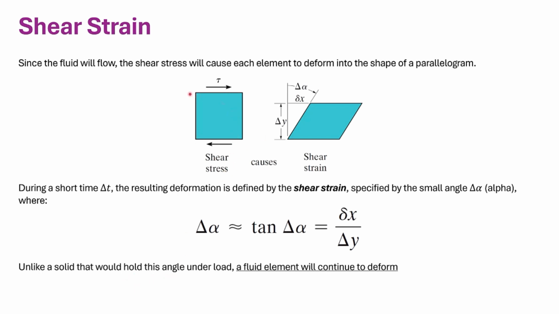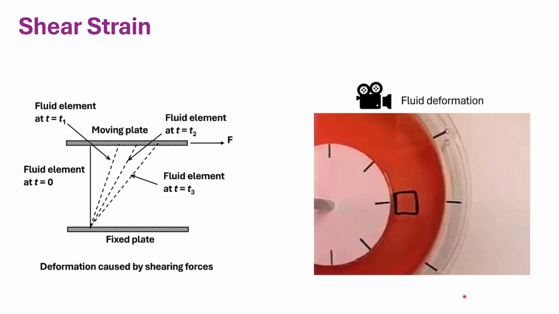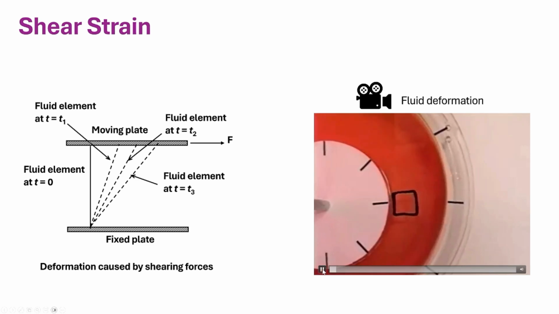For a fluid, as long as you apply the force, it will continue to deform. So in fluid mechanics, the time rate of change in this shear strain or angle becomes important. Let's watch this video and see what it means.